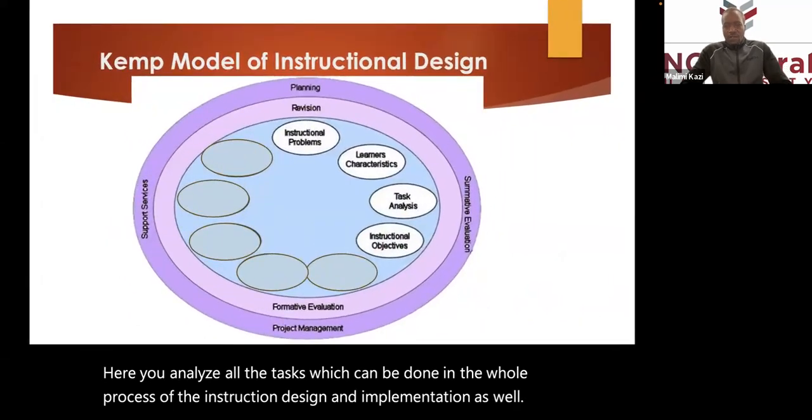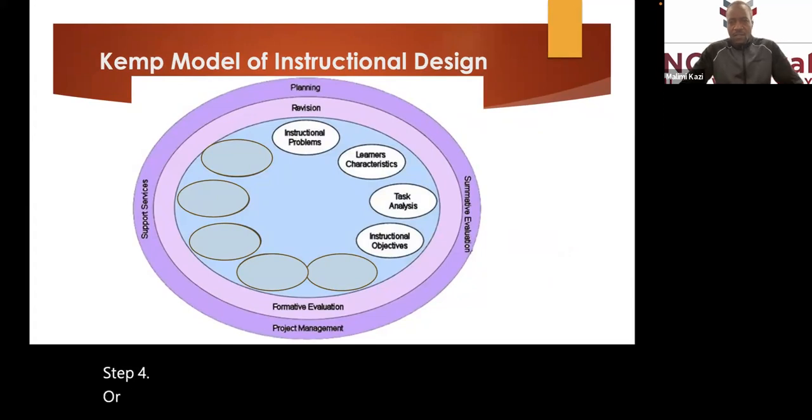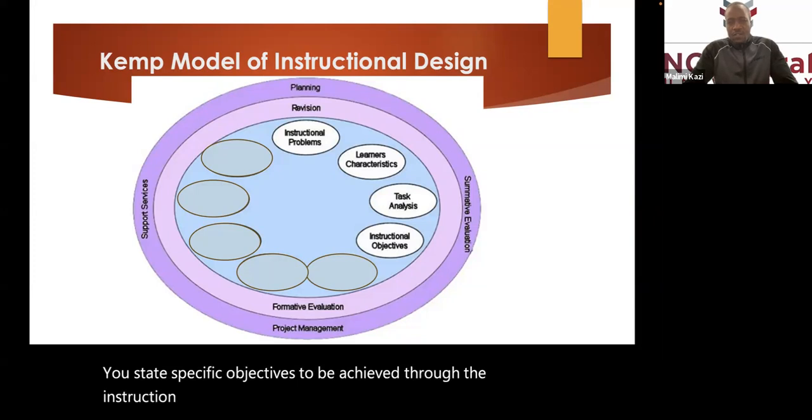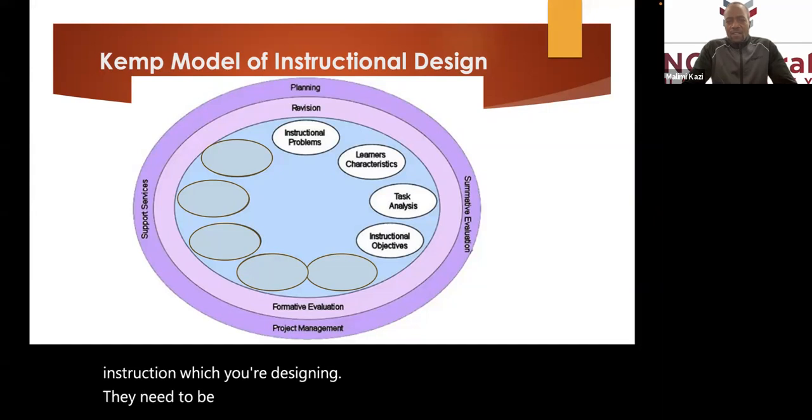Step 4 or element 4, this is where you actually state or formulate the instructional objectives. You state specific objectives to be achieved through the instruction which you're designing. They need to be stated in a very specific way.